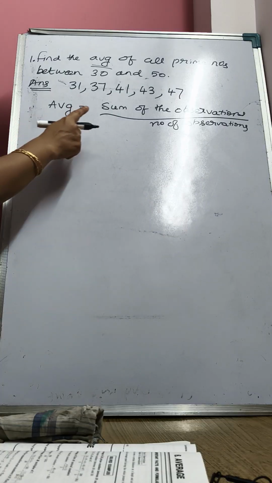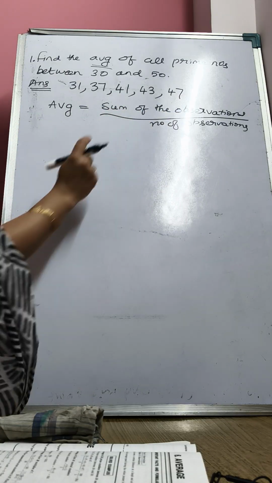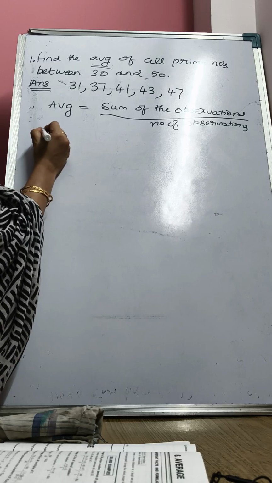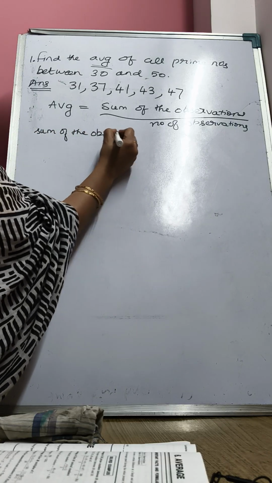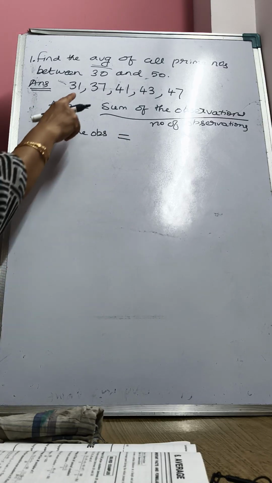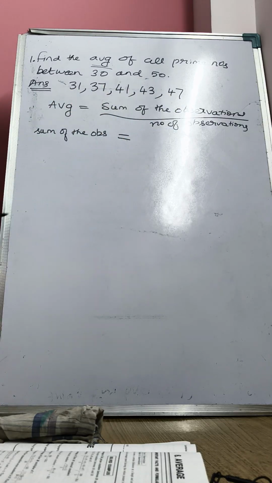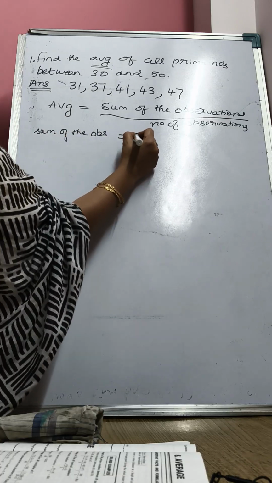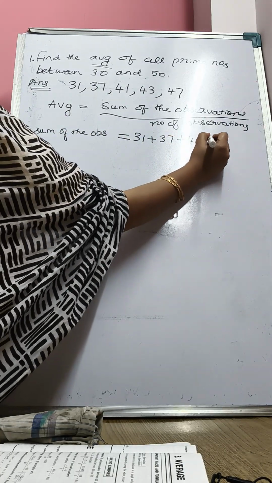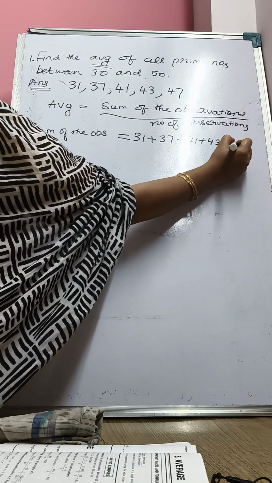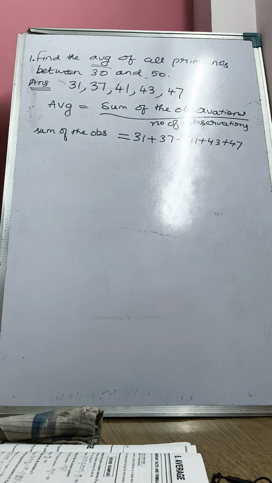Now, first we need the sum of the observations. Sum of the observations is equal to the sum of all the numbers here. That is 31 plus 37 plus 41 plus 43 plus 47.